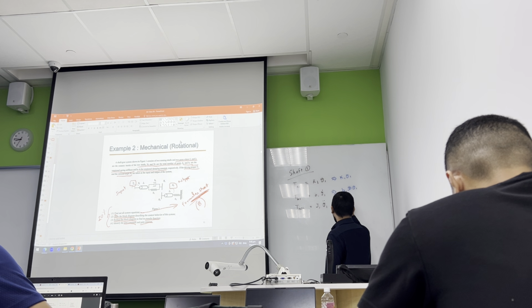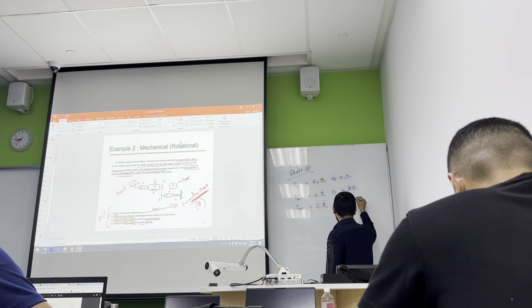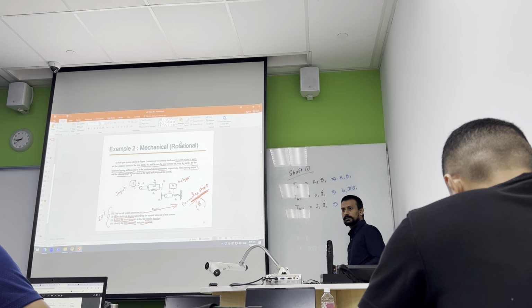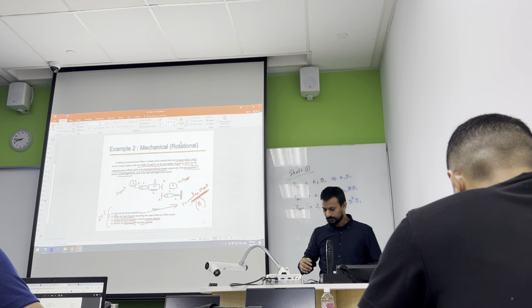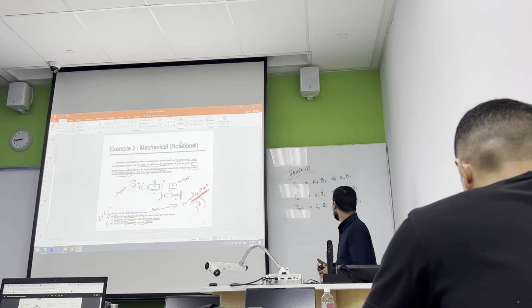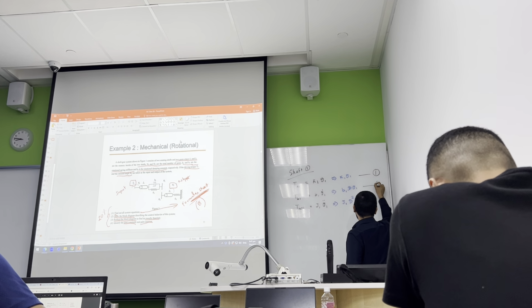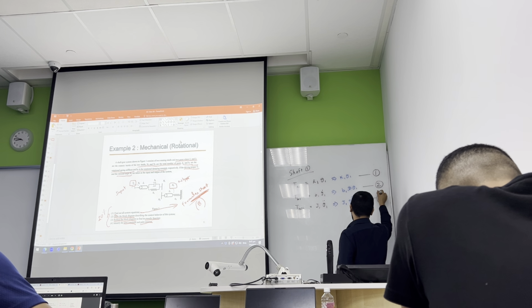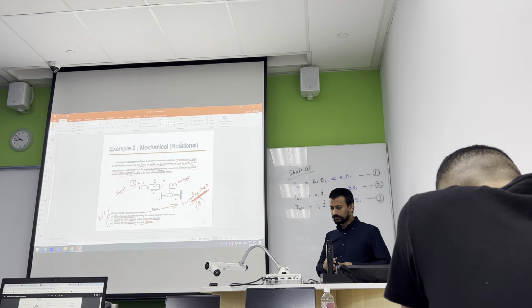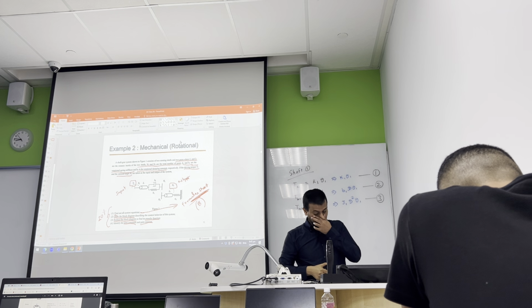Then this one J1 theta 1 double dot. So you go by component. Then you can name it equation 1, equation 2, equation 3. From that, how are we able to make it?